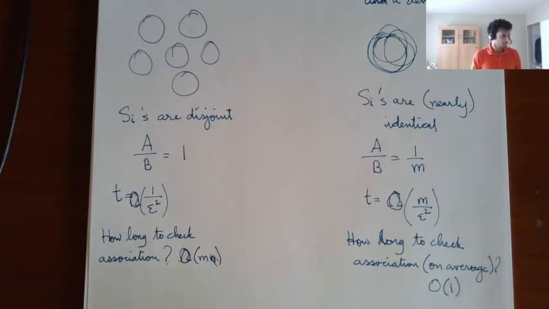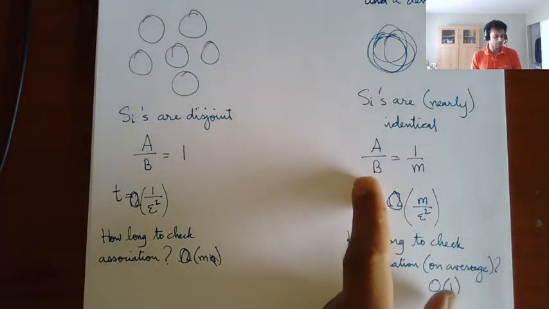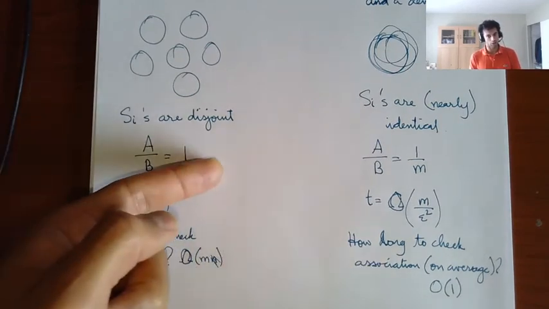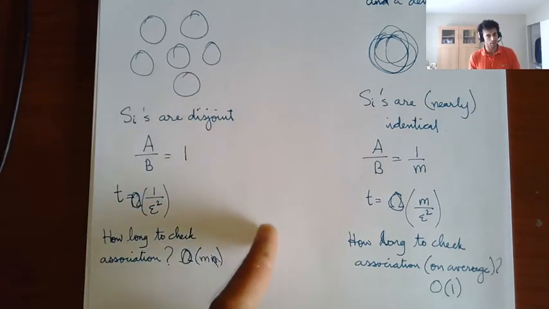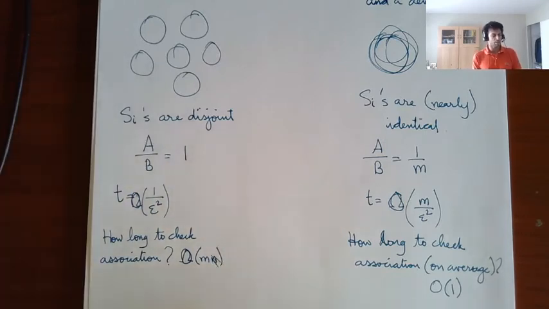Whatever loss you gain, because a divided by b is decreasing, as you interpolate between these, the number of trials is going up. But the gain is that the association check becomes faster on average. The cleverness is in exploiting this so that you get the product of these.